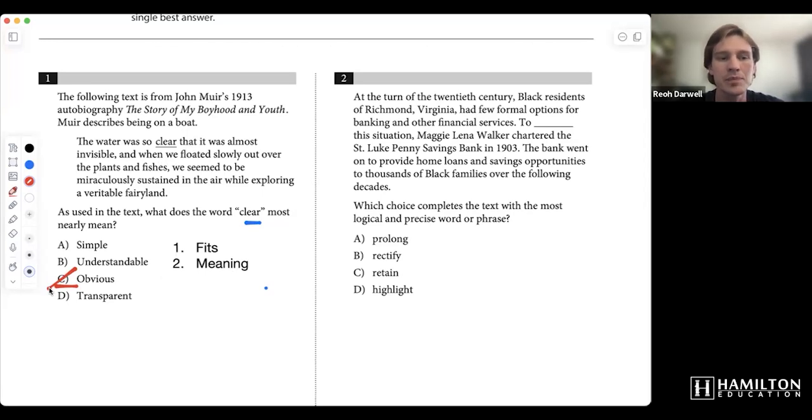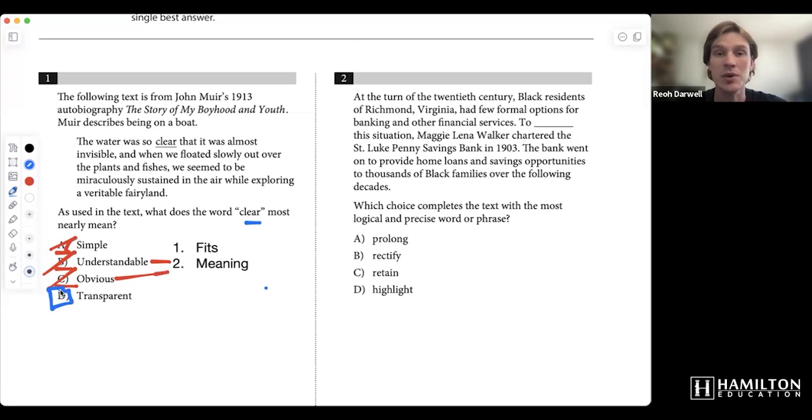Let's make this clear can also be understandable. Clear can't really usually mean simple, but again, understandable has the right meaning. These both have meaning, correct? But they don't fit.